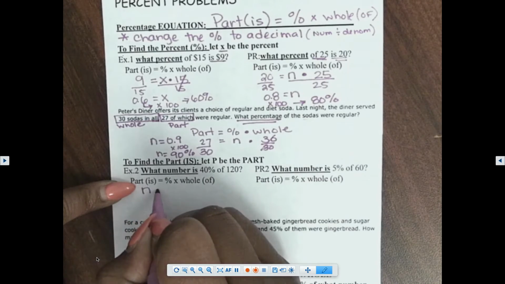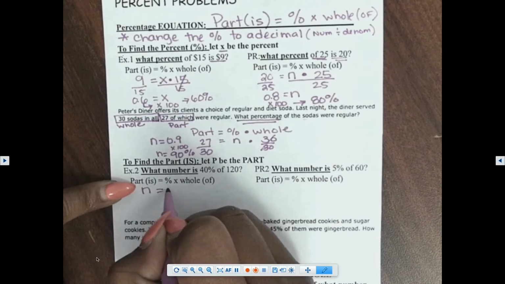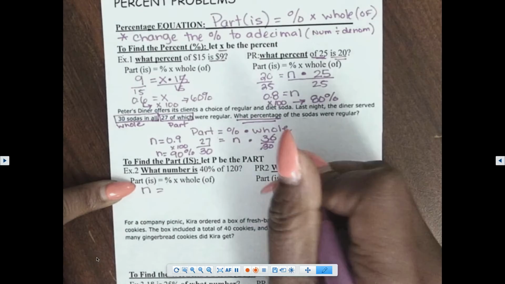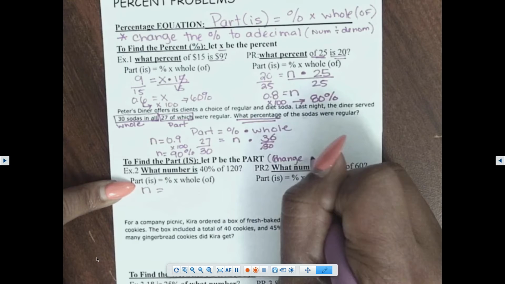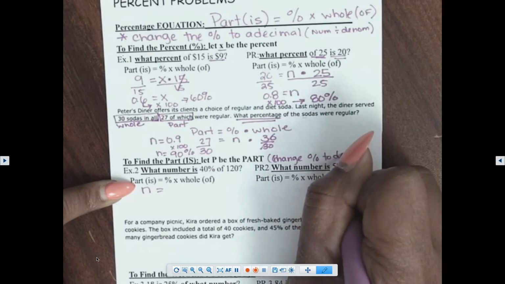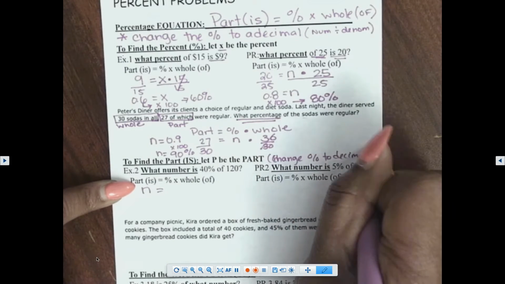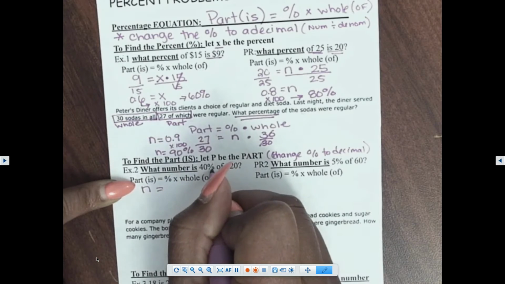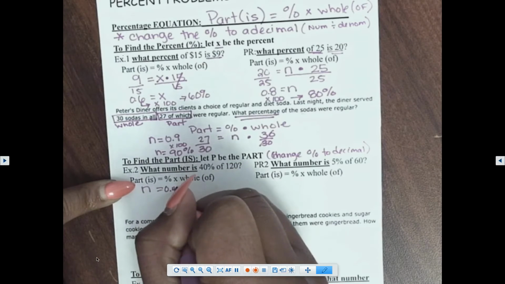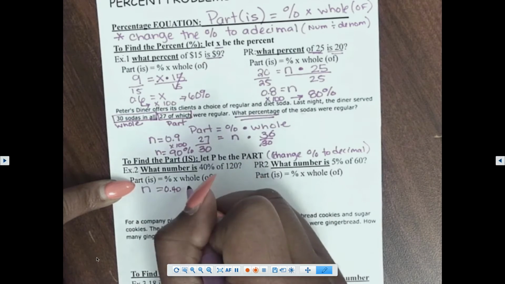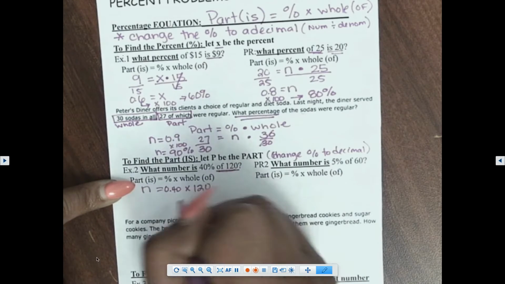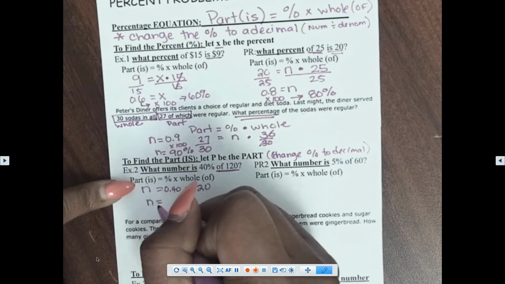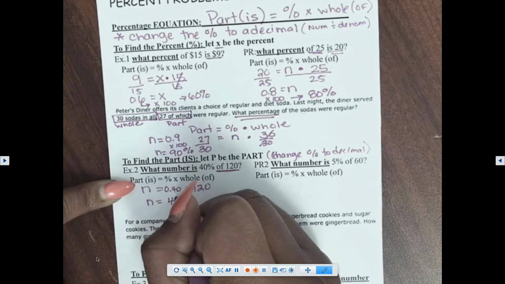So that's n equals the percent, which is 40. And remember, we have to change the percent to a decimal. So this 40% becomes 0.40, 0.40 times of 120. So we put that in a calculator, n equals 48.